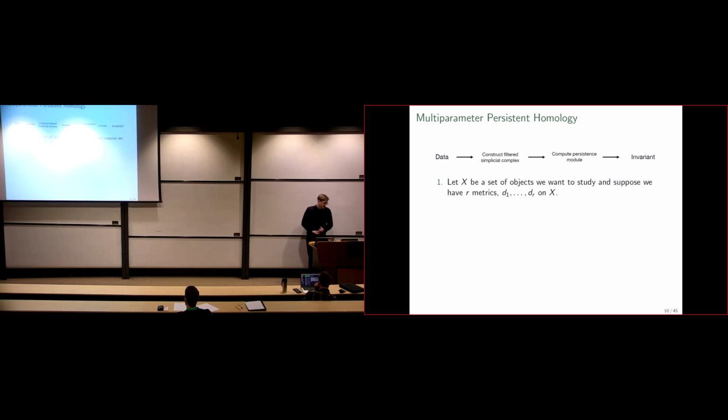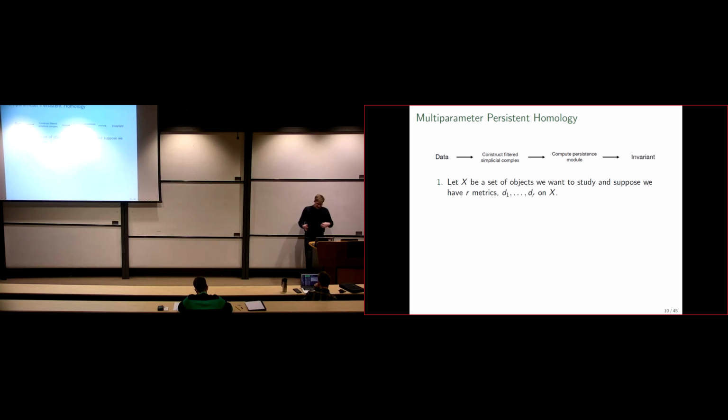We start with our data, which we call X now. This is our set of objects that we want to study. And instead of a single metric that we use to grow balls around our data or fatten our points, we now have several metrics. You can think of the metrics as one being the Euclidean distance and the other being maybe a density function or something.